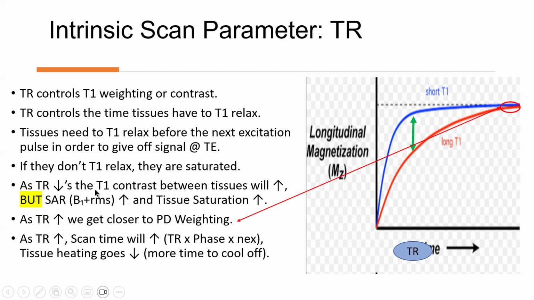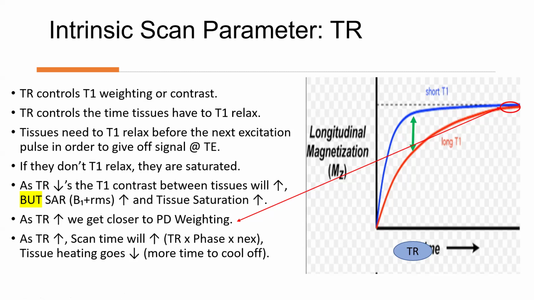So B1+ root mean squared is how much RF any given sequence you're going to run is going to expose the patient to. SAR is a federal limit to how much heating we can make happen in the patient. The B1+ root mean squared causes heating, and we need to stay under the SAR limits.